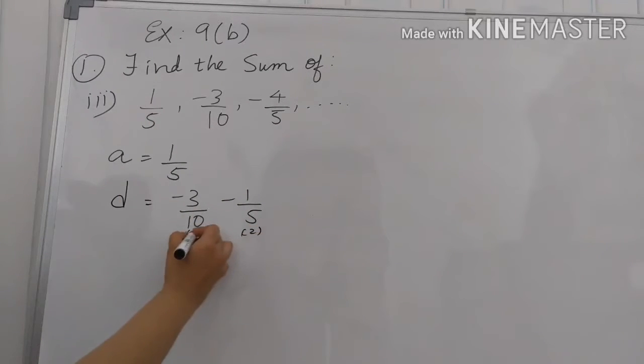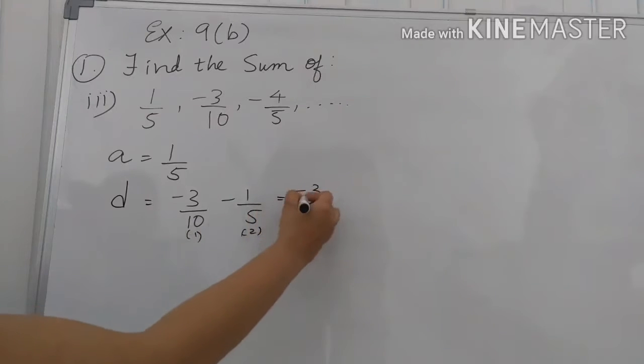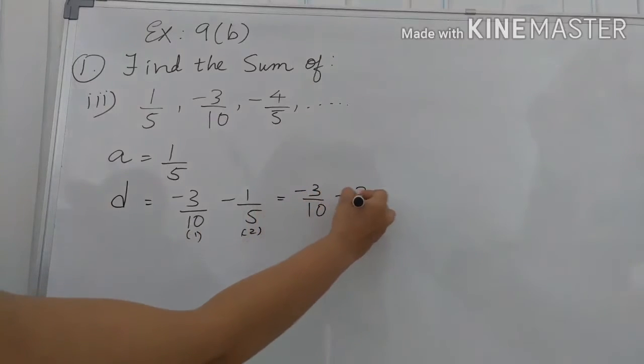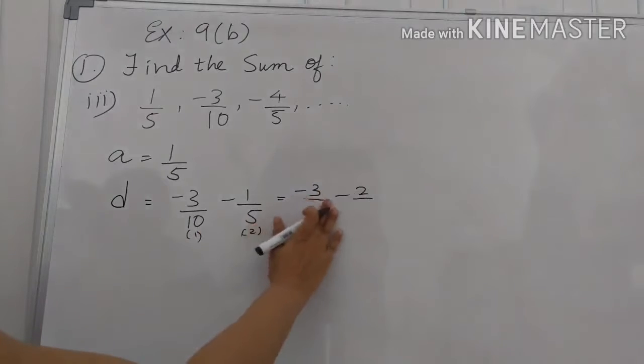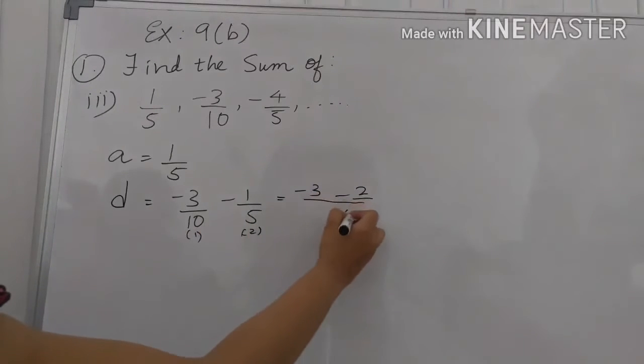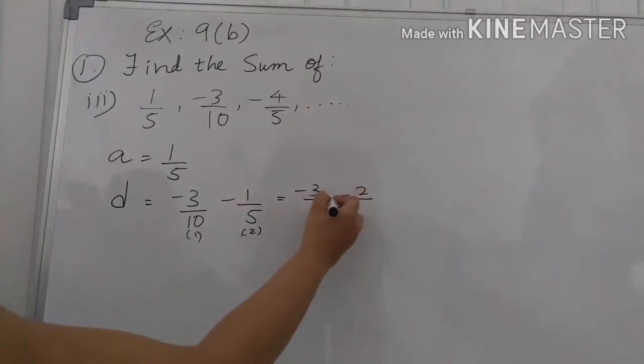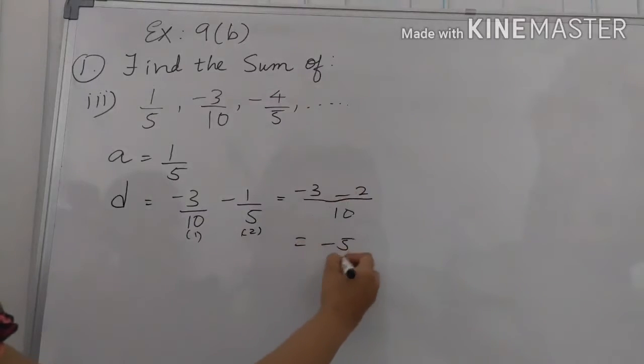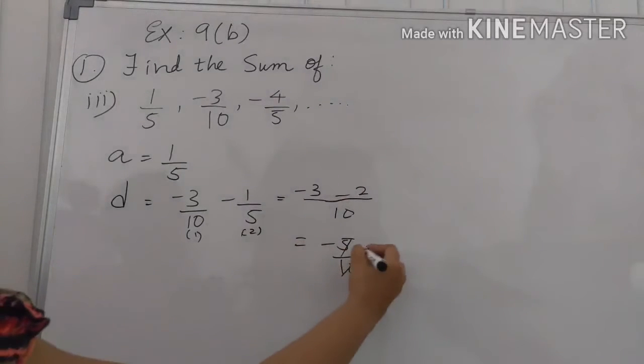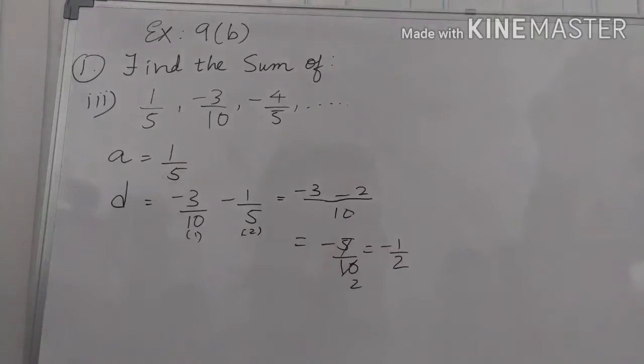So here we take LCM to solve this. Minus 3 by 10 minus 2 by 10. So here minus 3 minus 2 upon 10. So this is minus 5 by 10. So ultimately we get minus 1 by 2 as our common difference.